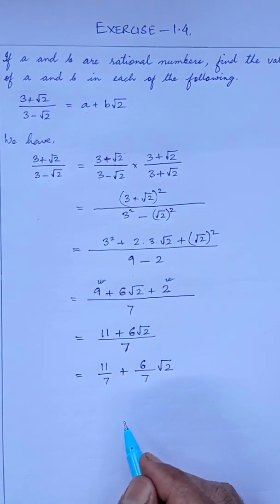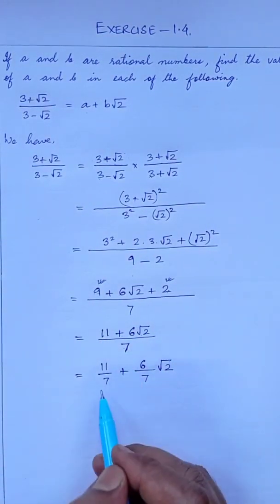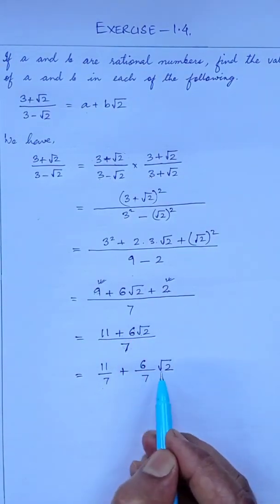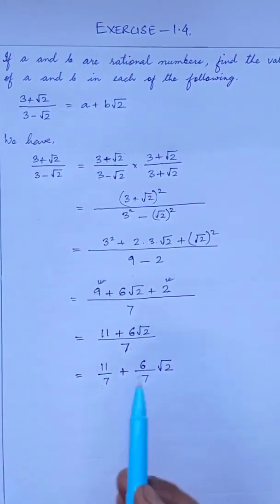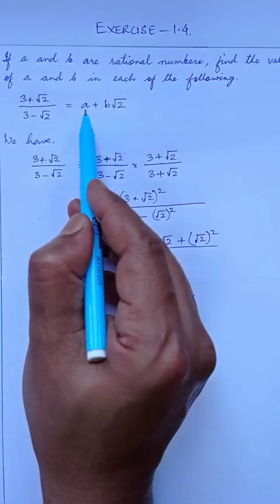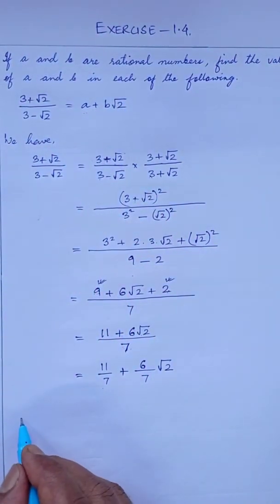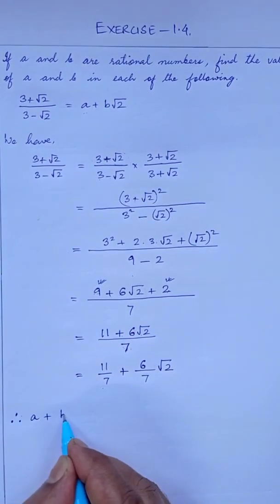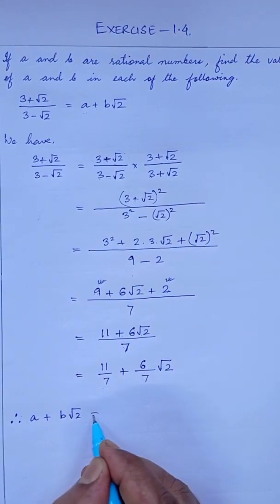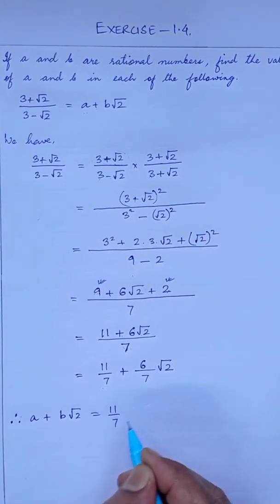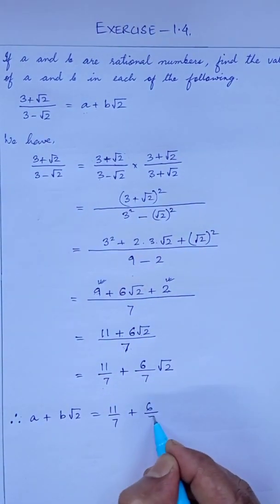I hope you understand this one. 11 by 7 plus 6 by 7 root 2. Now this was equal to a plus b root 2. Now a plus b root 2 should be equal to 11 by 7 plus 6 by 7 root 2.